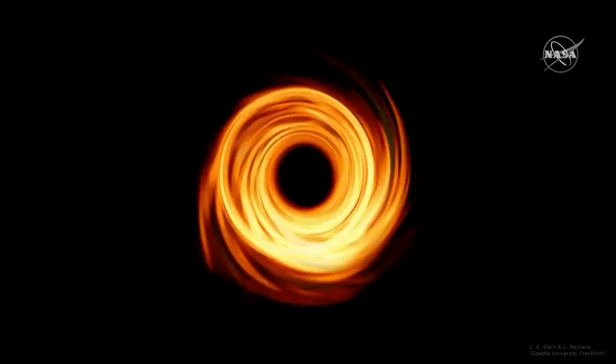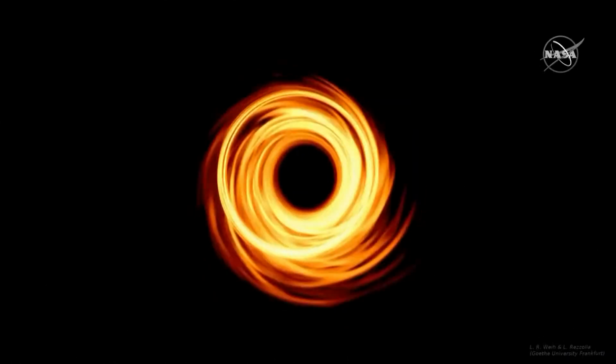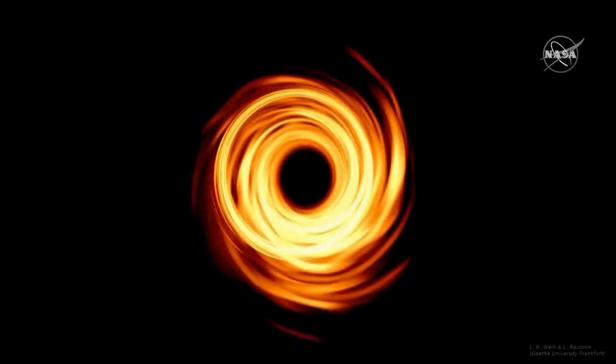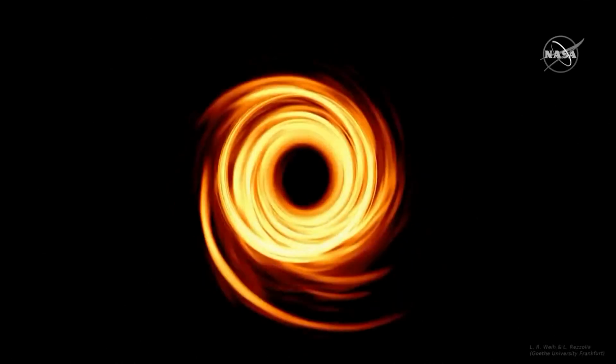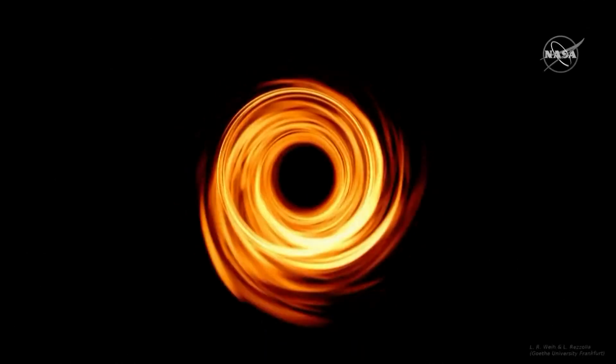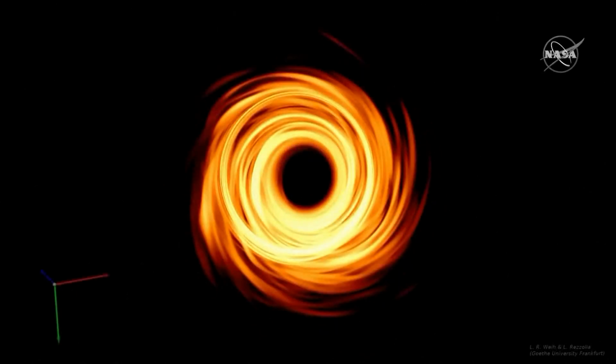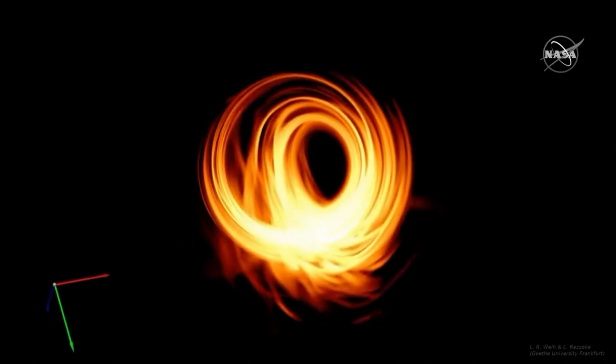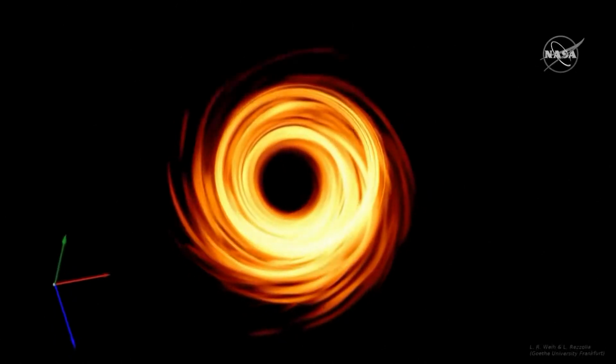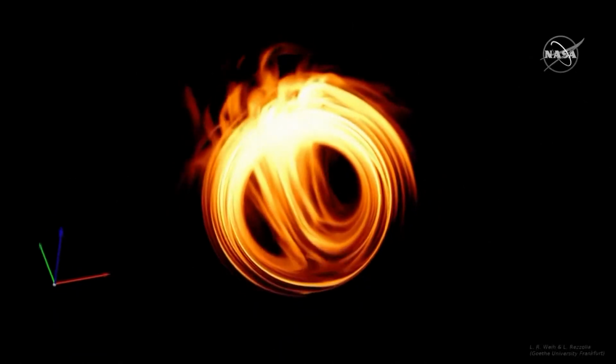So can we take a look at the spinning? We have a video here. So tell us what's going on here, because this looks sharper than the image. If we were to be up close, we might get a little higher resolution or a bigger telescope. So this is a model, a simulation done by scientists on the team of what that would look like, and also from different perspectives. That black hole in the center is so massive that it bends the light around it.